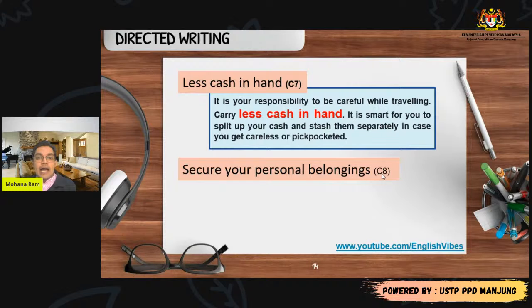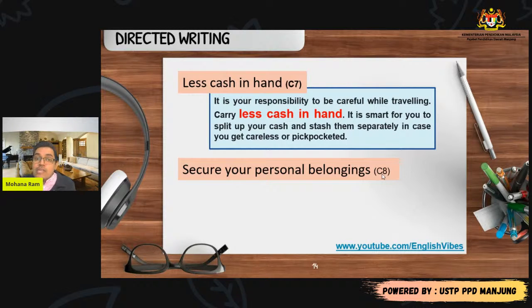Okay, less cash in hand. Some students would say, do not bring a lot of money with you when you're traveling. Can. But you have to be very clear. I have used less cash in hand to bring that idea. If you say do not bring a lot of money to a country that you are traveling to, it means you are limiting the money that you are bringing, which brings a different meaning.